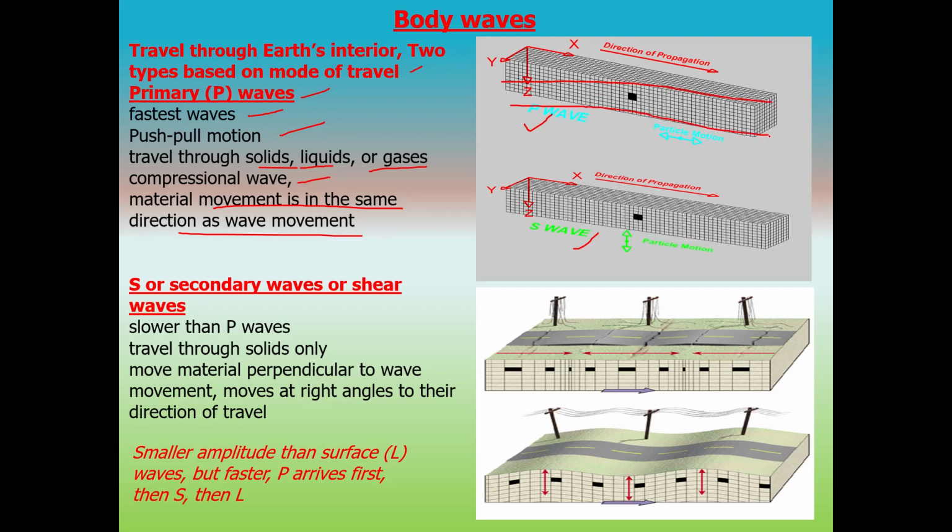Here you can see. Whereas secondary waves are slower than P waves and reach the earth's surface later than the P waves. They travel through solids only, and move material perpendicular to the wave. Now you can see over here it is perpendicular to the wave, whereas P waves move along the wave.